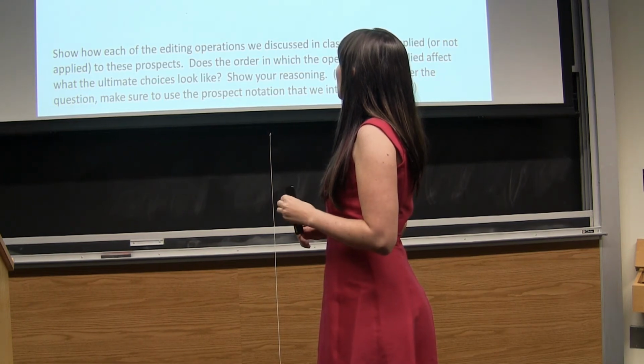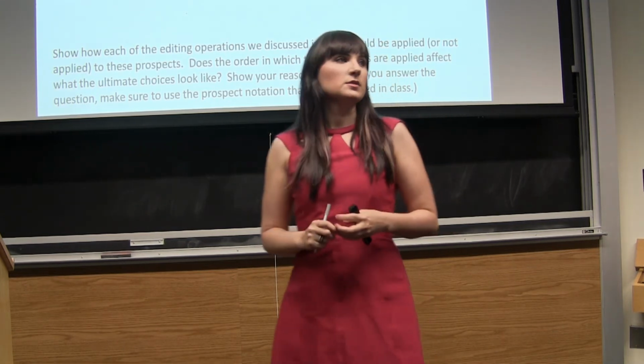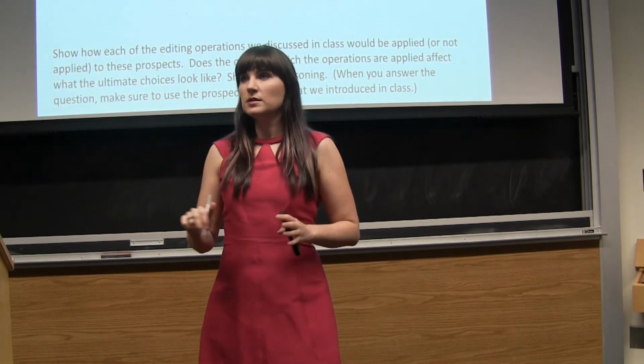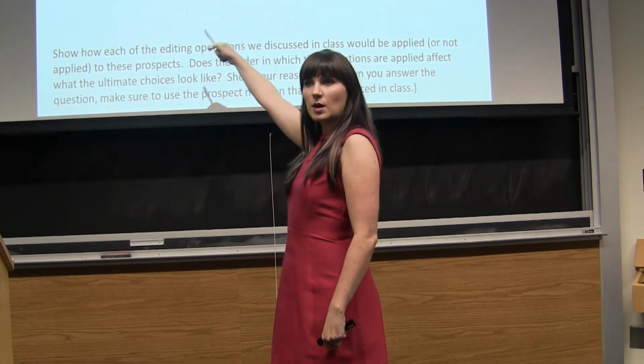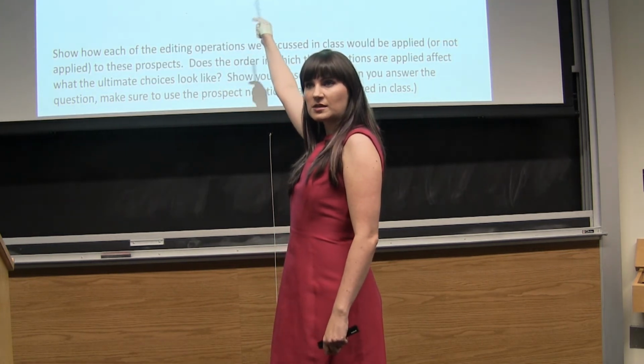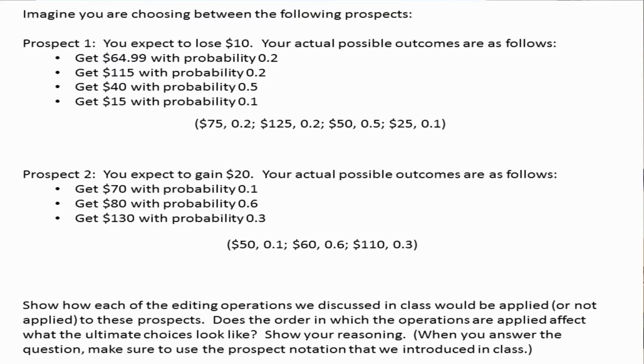What exactly would you cancel? I want to make sure that this is clear, because you can't cancel things within a prospect, you can only cancel things across prospects. So I meant the 50 with a probability of 0.5 in the first one, and the 60 with a probability of 0.6 in the second one.